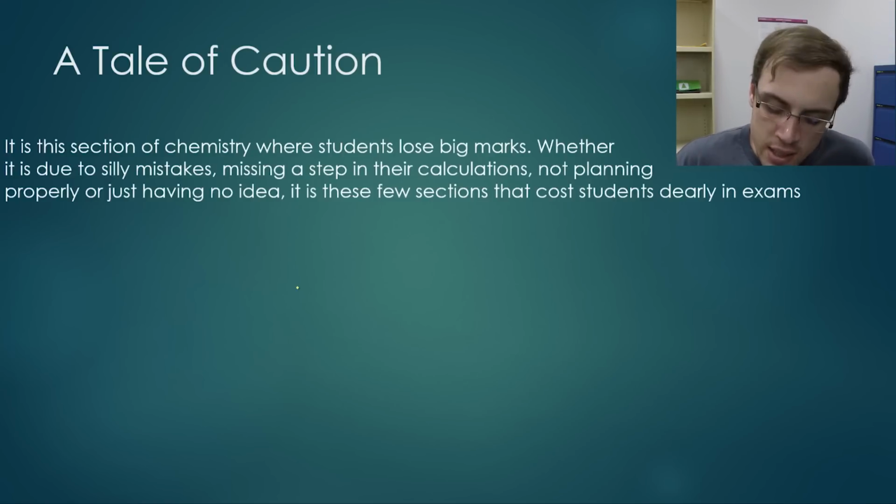So it's very easy to lose marks based on silly mistakes, based on not understanding the underlying theory or concepts of this module, or to just simply jump steps, for example, to forget to calculate the limiting reactant. It's little things like this that cost students dearly, very dearly in exams.